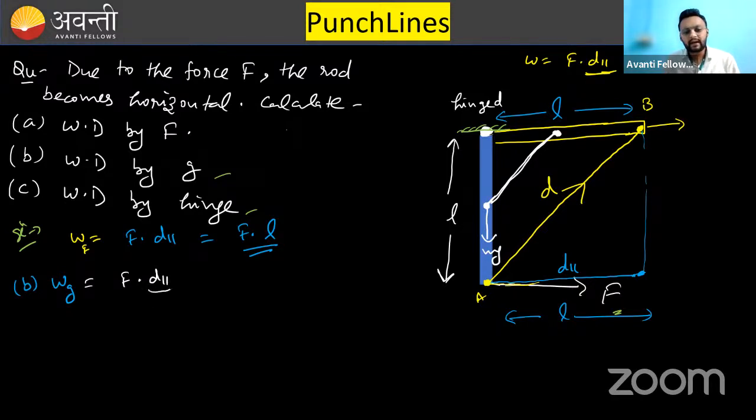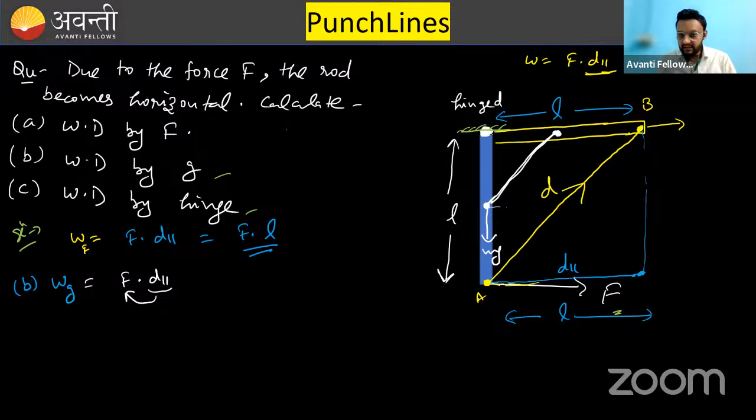D parallel means parallel displacement, parallel to what? Parallel to the force. We are discussing the work done by gravity, so which force do we need to consider? We need to consider gravity. Gravity is downward, so the displacement parallel to that.